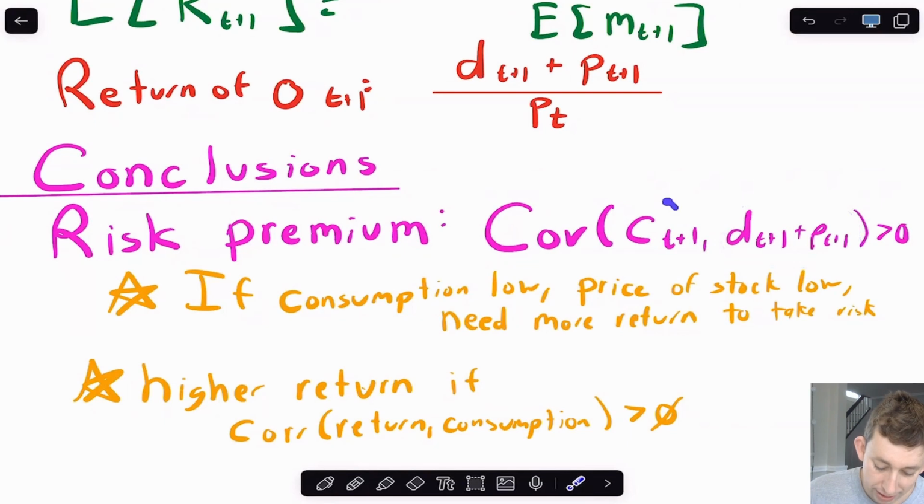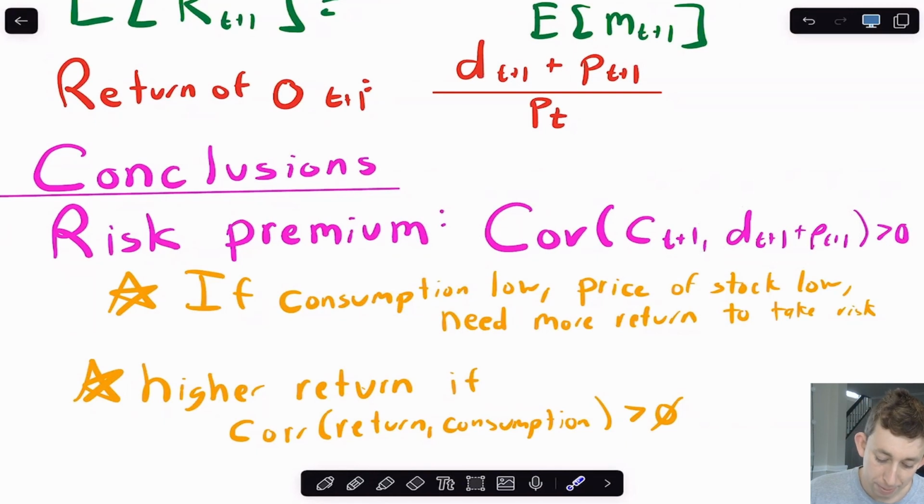Because if you're going to have a lot of coconuts tomorrow, then you're sort of chilling. You're like, I don't really need to hold this risky asset because I know I'm getting a lot of coconuts tomorrow. So why would I wager on this risky asset if I can just throw it into bonds and have a lot of consumption tomorrow anyway?